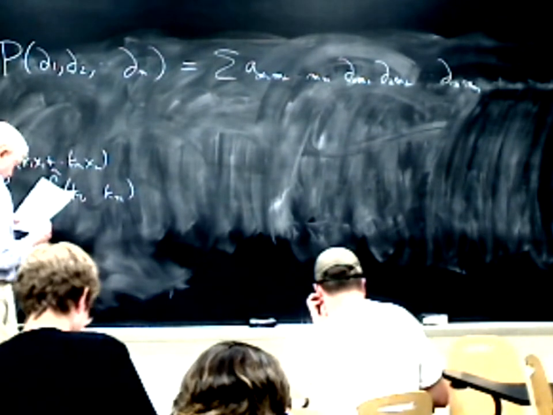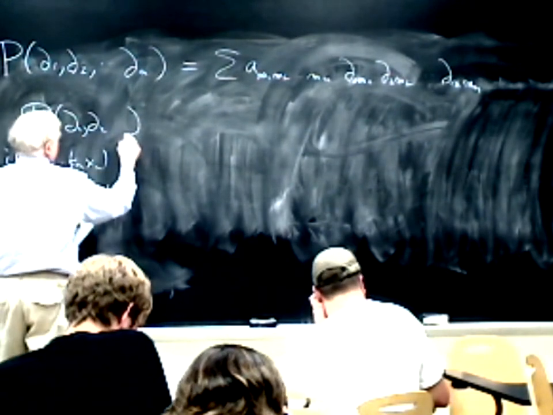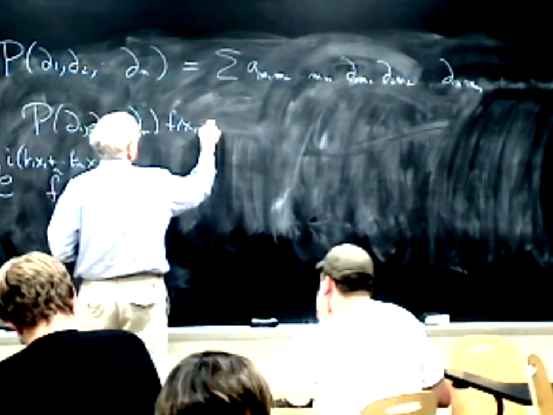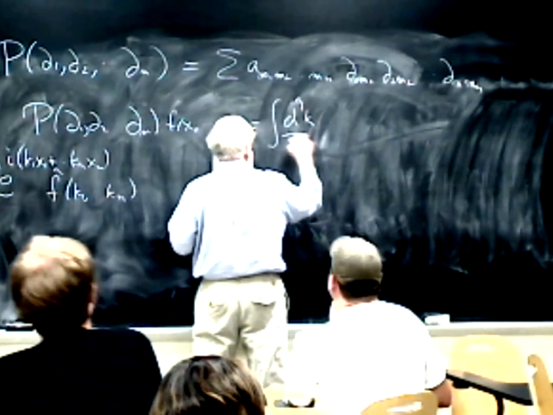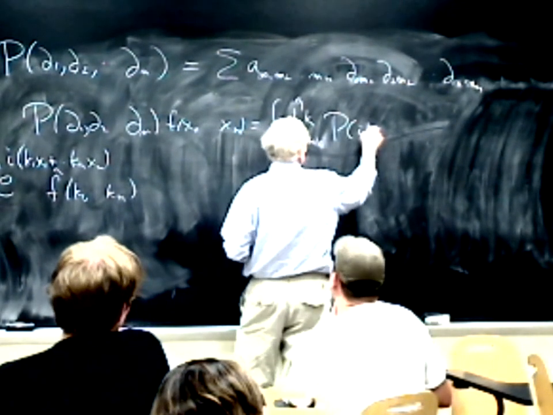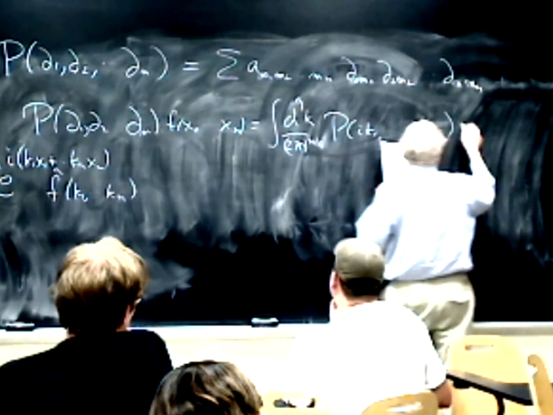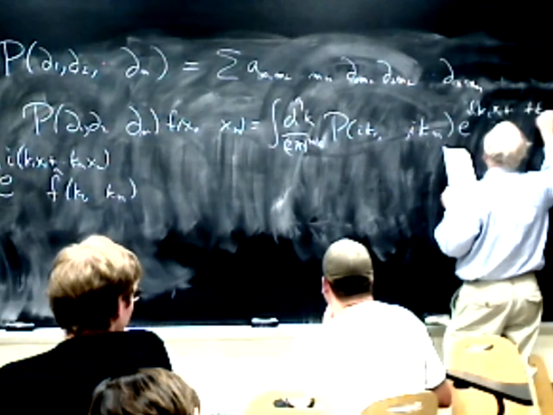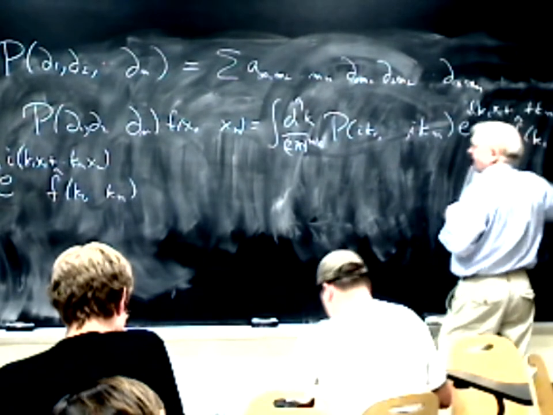And then what we have is P of d1, d2, through dn on f of x1 through xn is then this integral d^n k over (2 pi) to the n over 2, and this is just P of ik1 through ikn times e to the i k1 x1 plus kn xn, f hat of k1 through kn.